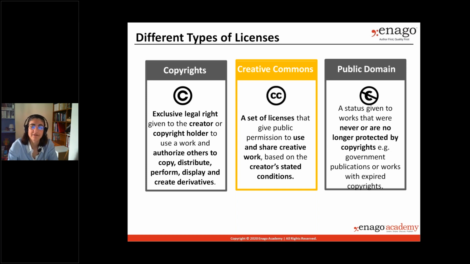And then we have the symbol you see on your right-hand side, a crossed-out C in a circle, which means public domain. This is a status given to works that were never or are no longer protected by copyright, e.g. government publications or works with expired copyrights. Of course, as we move from the left to the right on this slide, you have increased freedom in how to access and use the content of these works.